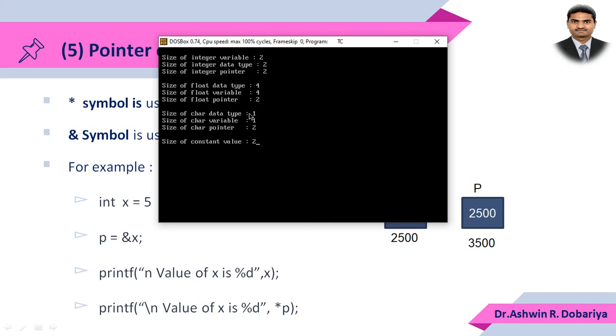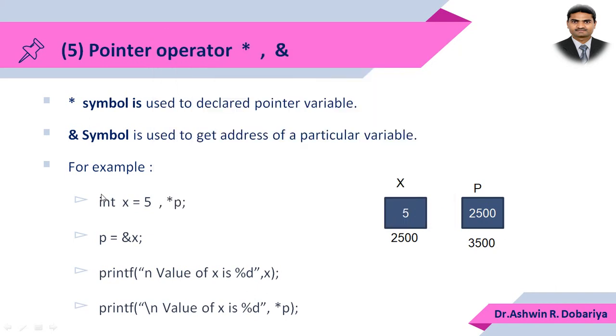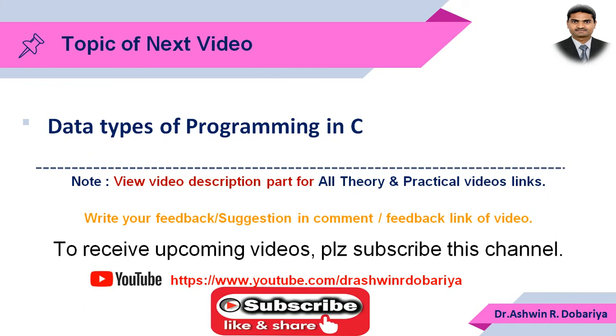Similarly, the character data type occupies 1 byte, the character variable occupies 1 byte, but the character pointer occupies 2 bytes. So the common thing is all pointer variables occupy the same size, whether it is integer, float or character. So there is no effect of data type on pointer variable size. It only affects the data type itself.